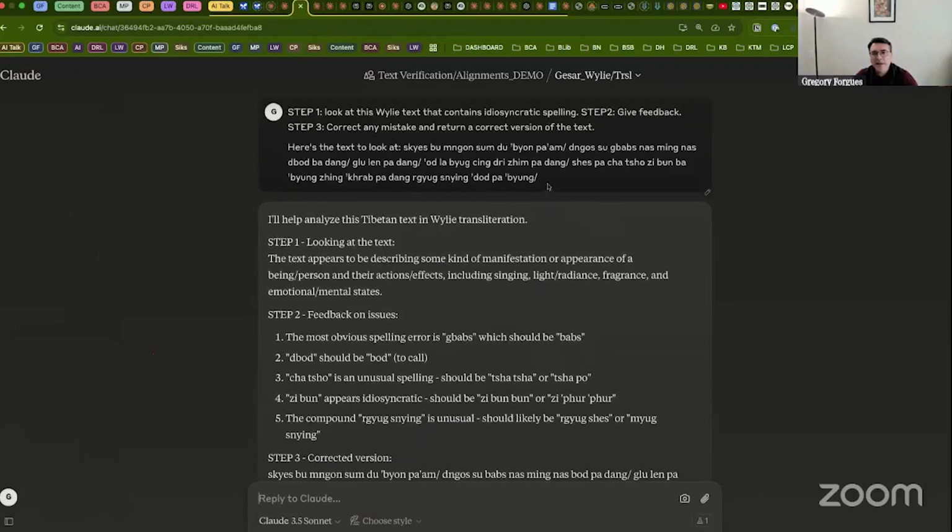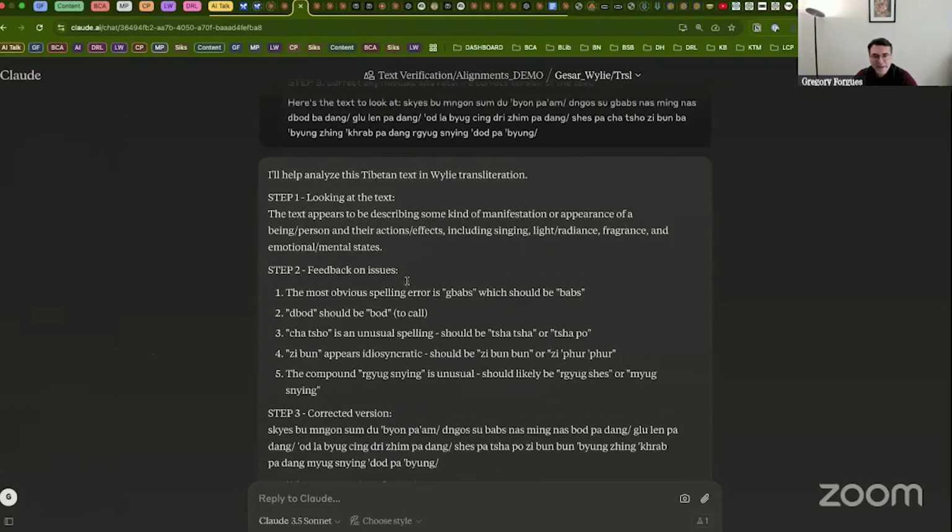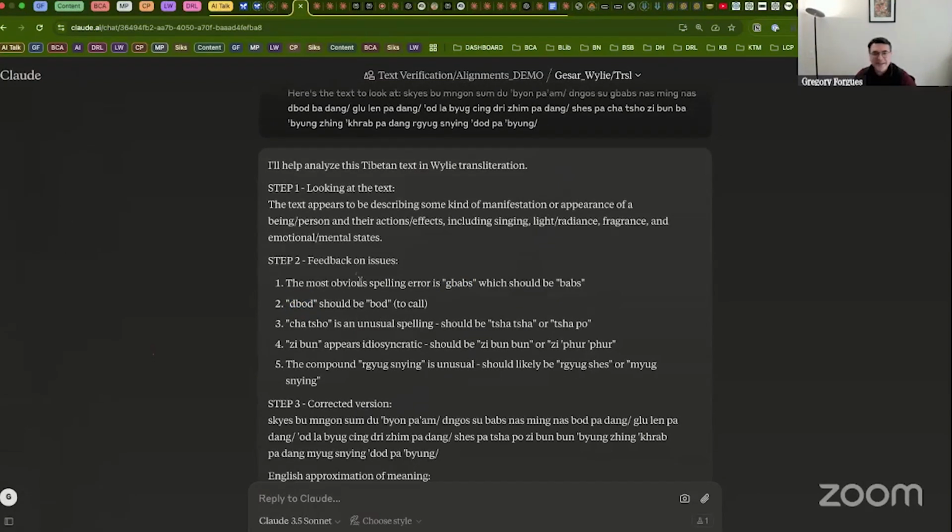So anyways, here I'm inputting a short string and I'm asking, look at that and show me anything that looks weird, basically, give feedback and suggest corrections, right, in case there is something. Here I deliberately messed up the text a bit, just to test, so I added mistakes there.